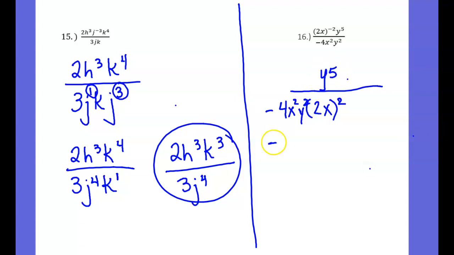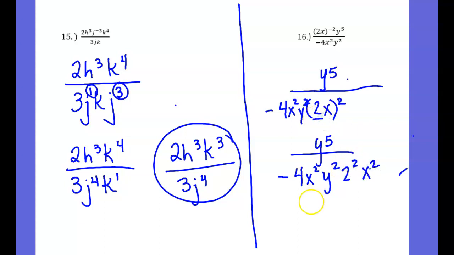All right, I'm now going to take the y to the fifth. Okay, so we've got y to the fifth as the numerator. And down in the denominator, I've got a negative 4 x squared y squared. Now I'm going to take my factor 2 and square it, and x and square it.